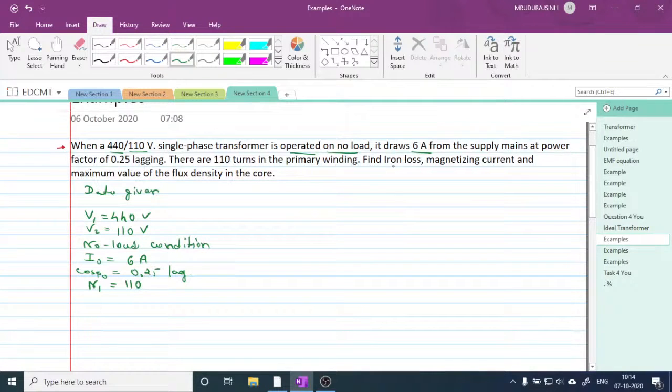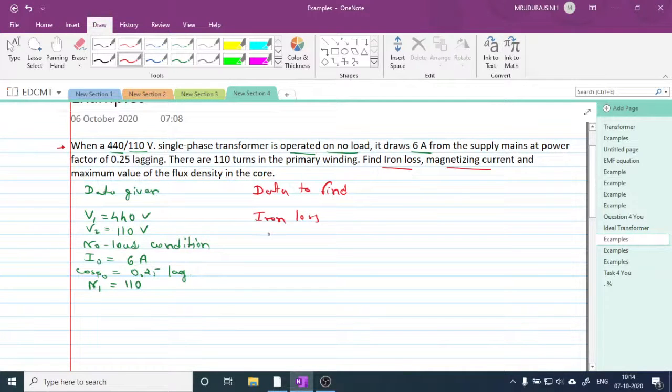So now we need to go for data to find. What data exactly we need to find in this transformer? First of all, we need to find the iron loss, then the magnetizing current.